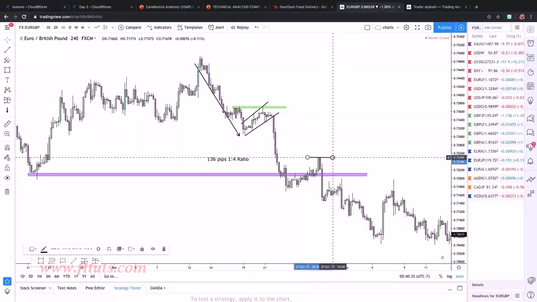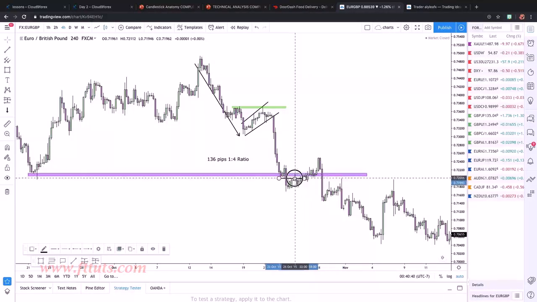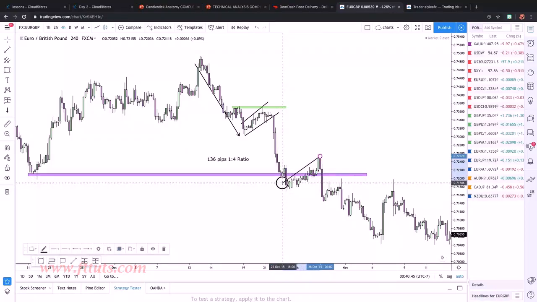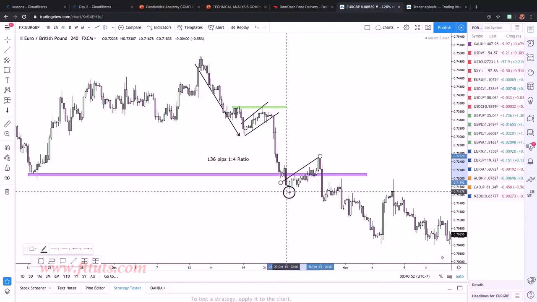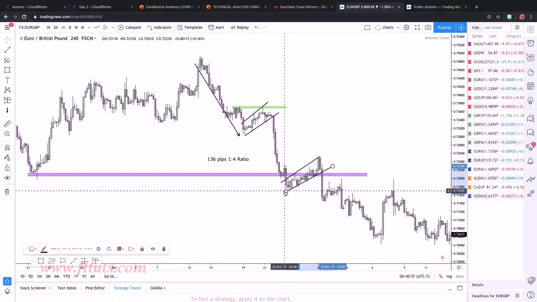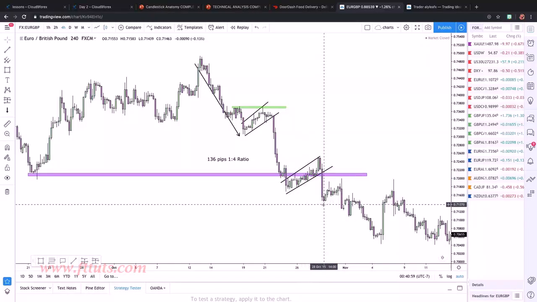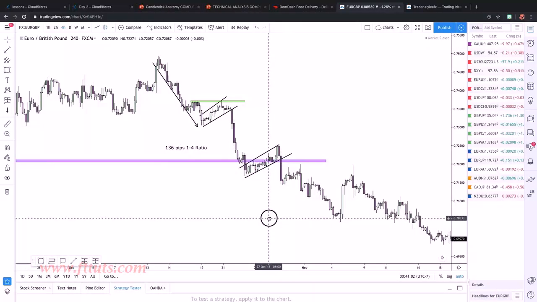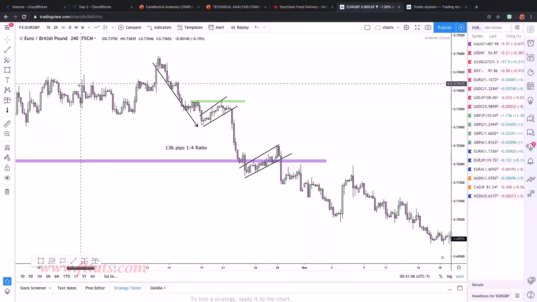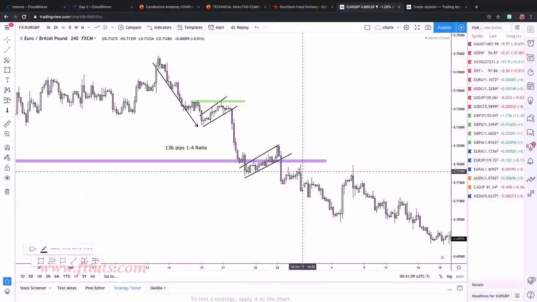So then price pulled back up in correction, actually pulled back through that support zone, but then we have another flag. So then we have a breakout and a retest.